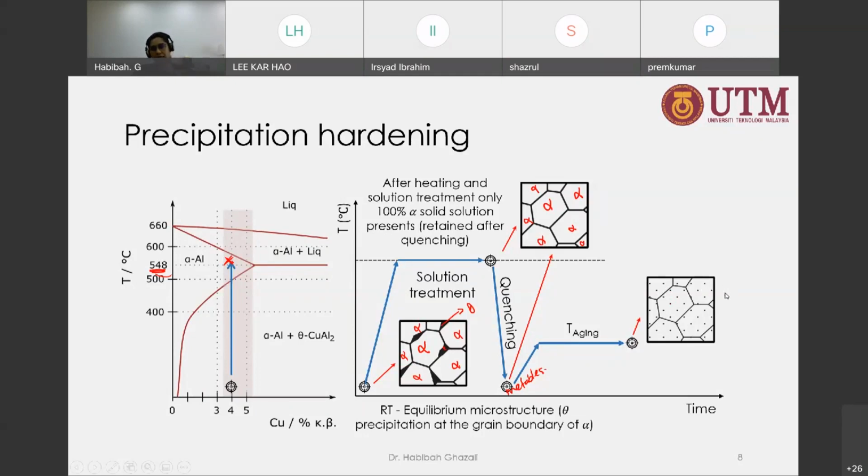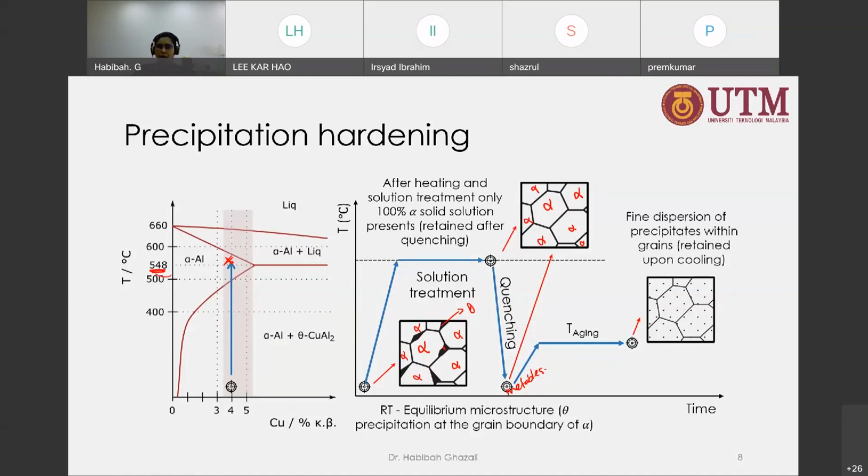Because again, these small precipitates will be effective in stopping the plastic deformation from happening. It will stop the dislocations from moving, and therefore it will require a higher stress for us to move them.